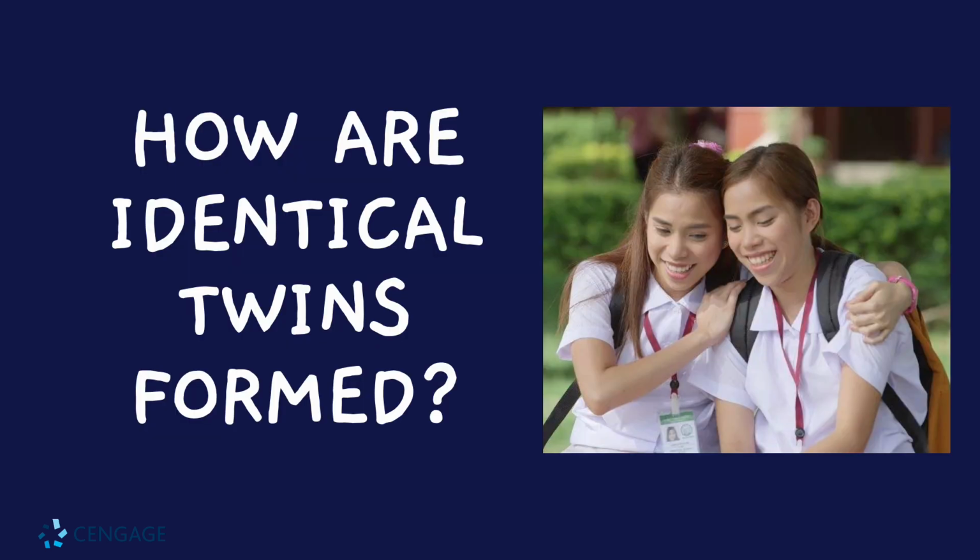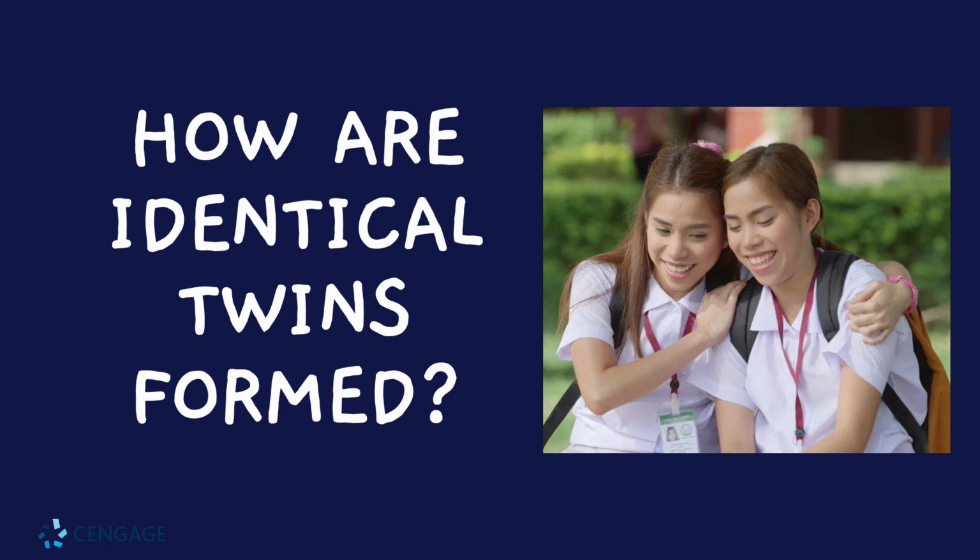Yeah, so we have here a question. How are identical twins formed? If you've been listening, I mentioned earlier how identical twins are formed. So, for example, we have George and Jai. I don't know if you still know them, but they were also part of PBB.